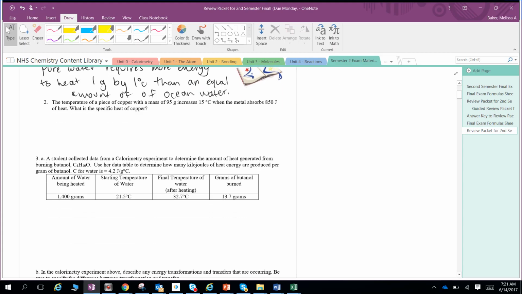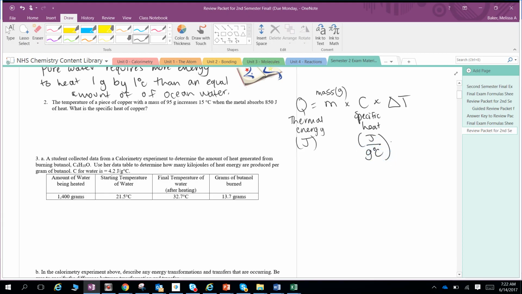Let's take a look at a problem with some math in it. We learned about an equation, Q equals M times C times delta T, where Q is the thermal energy, and that's measured in joules. M is mass in grams. C is the specific heat, and as we can see from the last problem, this is how many joules it takes to heat up 1 gram, 1 degree Celsius.